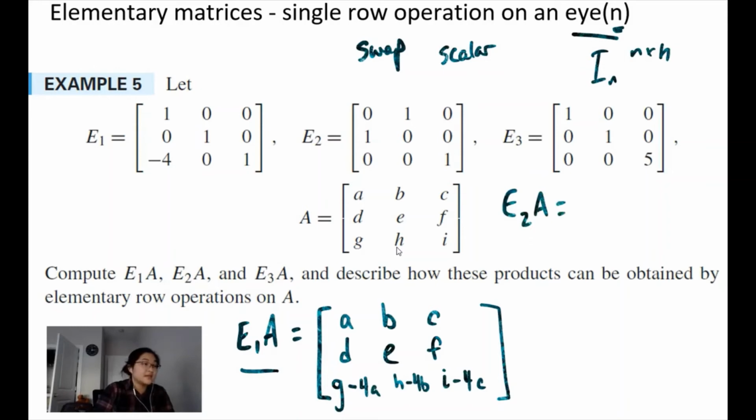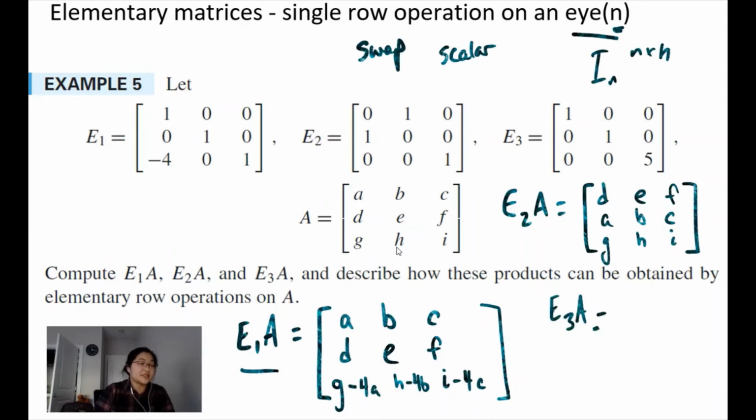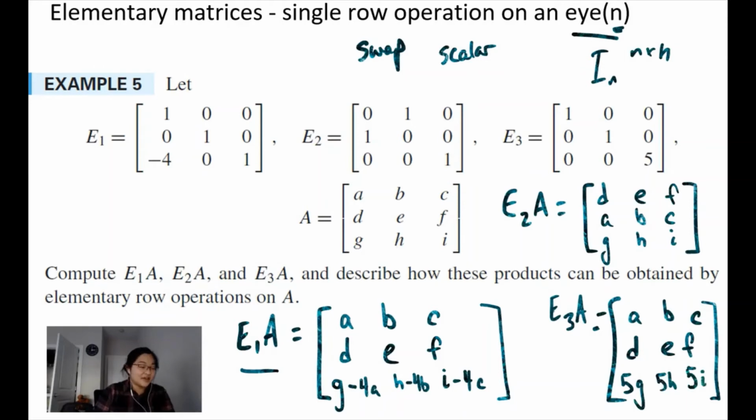E2 times A is going to give us a swap where row 1 and row 2 are switching, so we have D, E, F, A, B, C, and then the last row is untouched, G, H, I. And then E3 times A is just changing our third row to scale it up by 5, so we have A, B, C, D, E, and F, but then 5G, 5H, and 5I.